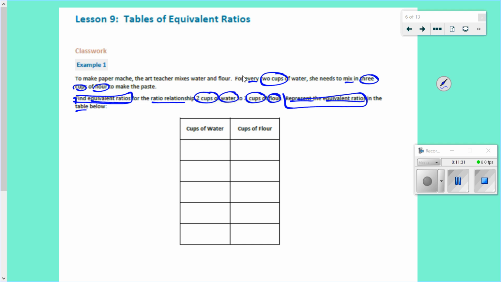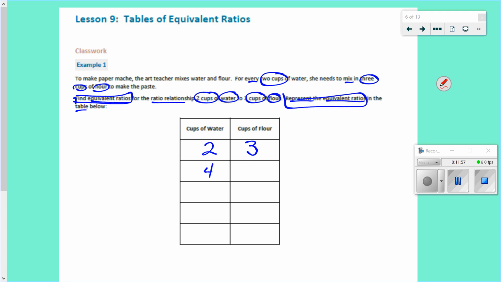So our first problem here, we're comparing water to flour. What's my first initial entry? Rosana? Awesome. 2 and 3. So what would my next entry be? Emily? Okay.